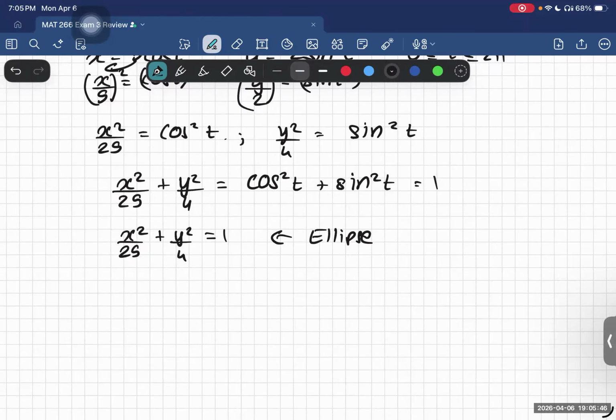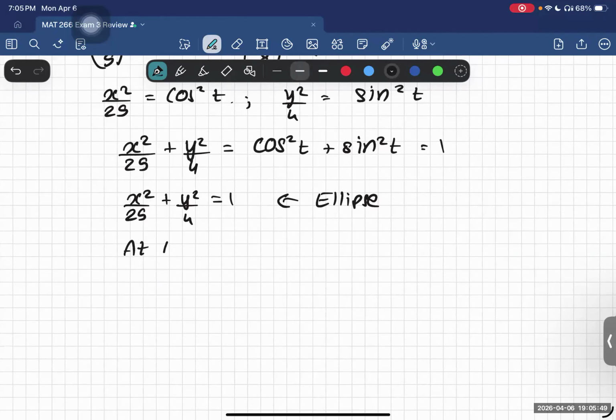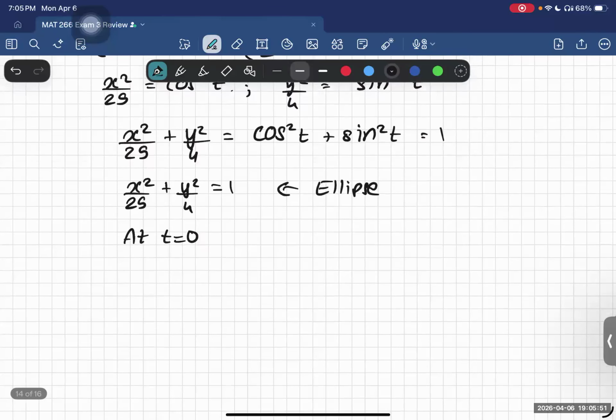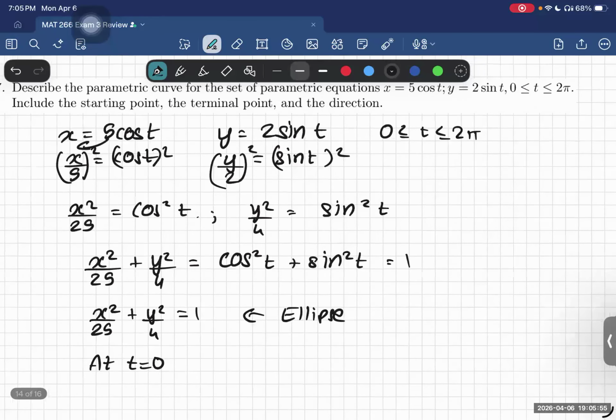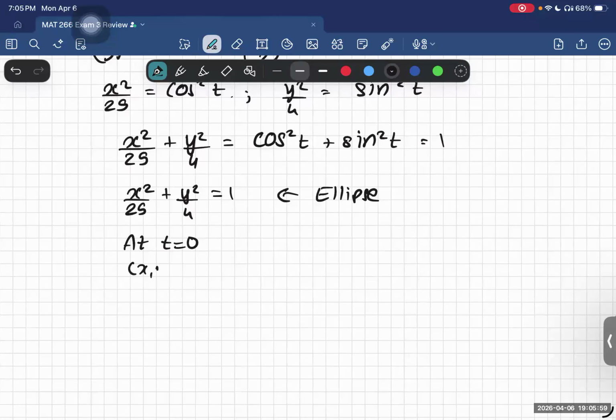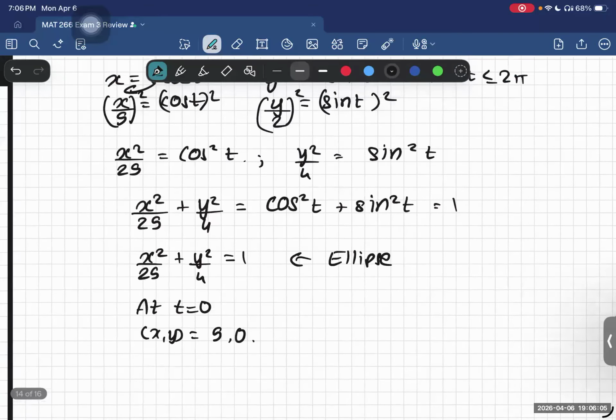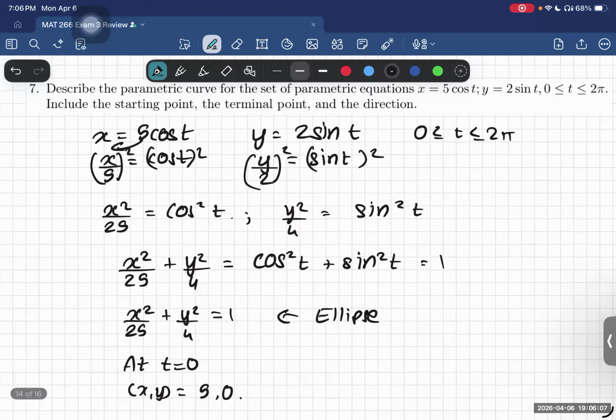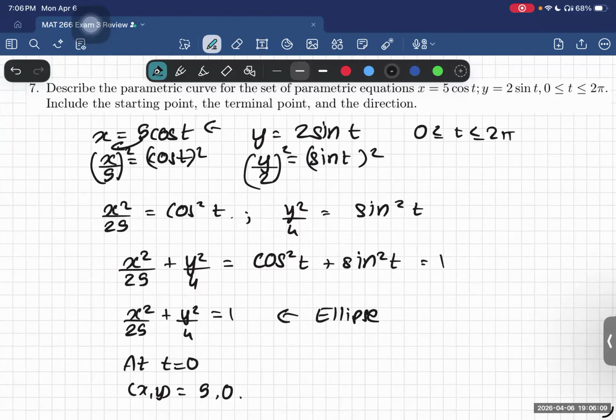So now let's see, at t is equal to 0, I'm just putting in t as my point. So I will have x comma y is equal to 5 comma 0. All right, because we have set the relation right here.